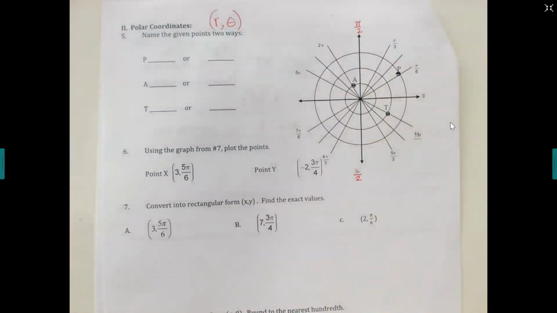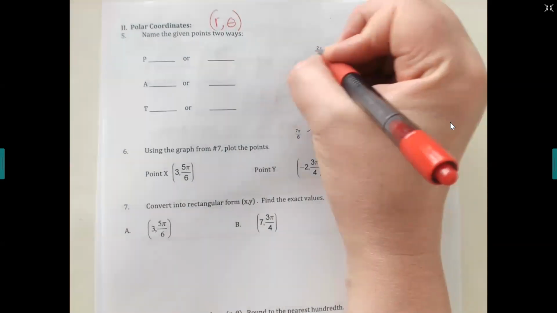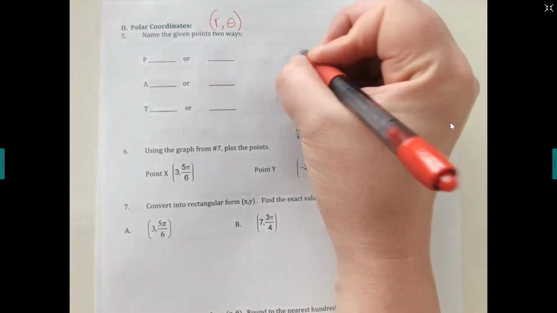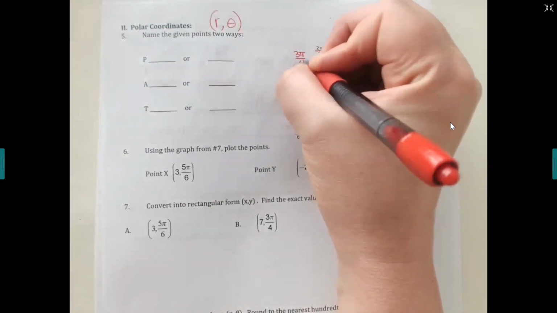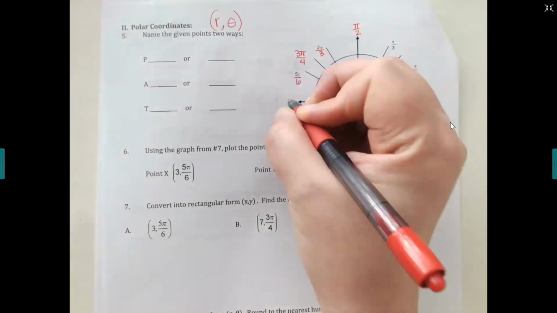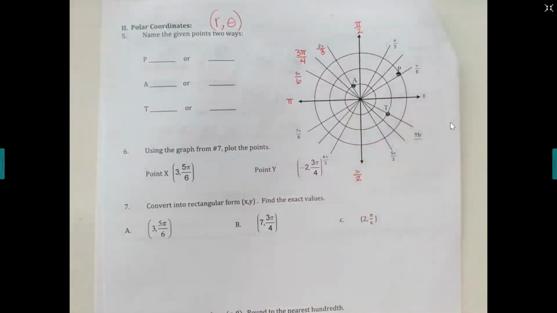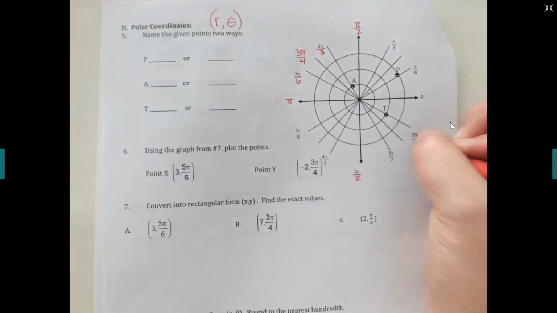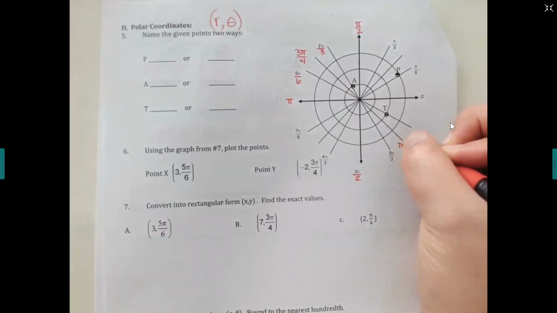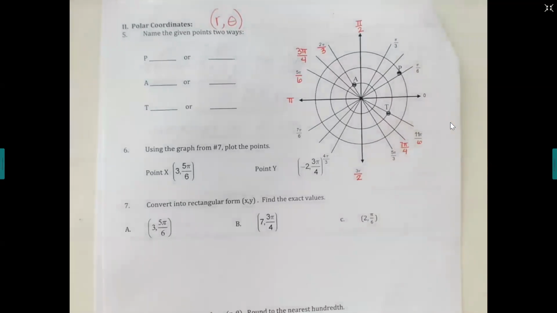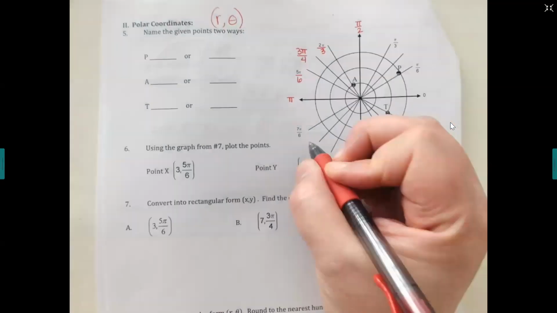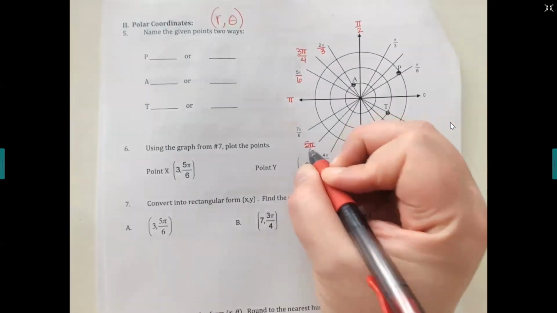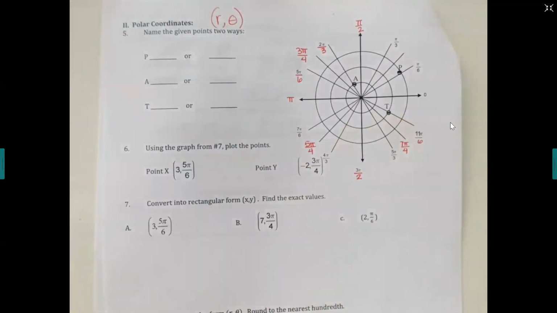And if you look on your circle, you should have these all correct. This is 3 pi fourths, 5 pi sixths, pi. And then this should be 11 pi sixths and 7 pi fourths. So just be careful, maybe check your circle when you're working out this top section.